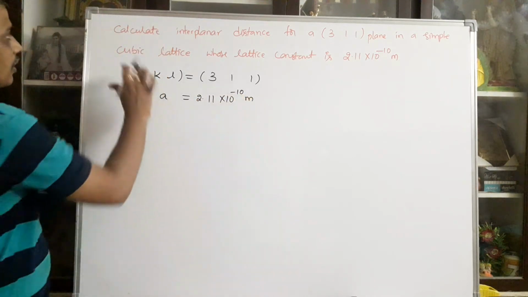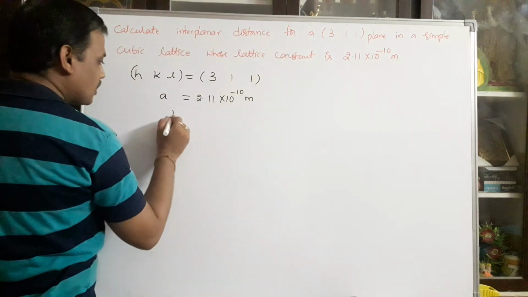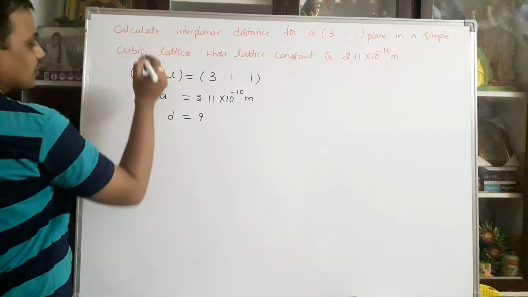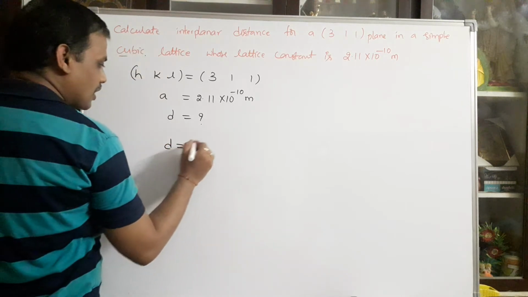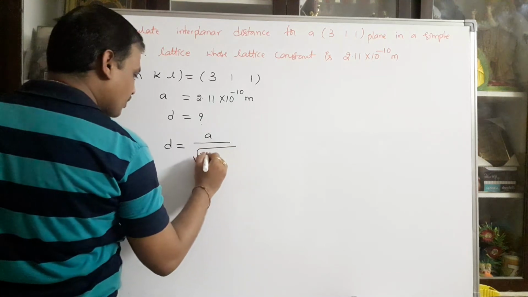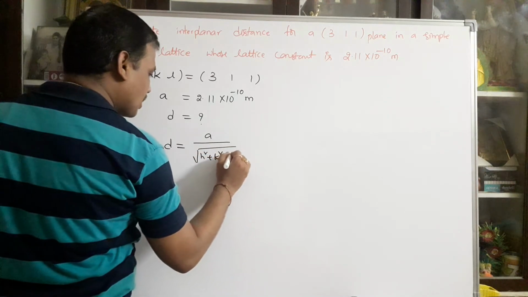What they are asking is to calculate the interplanar distance, that is d. Here they are giving the cubic structure. For a cubic structure, d can be taken as a divided by the square root of h square plus k square plus l square.